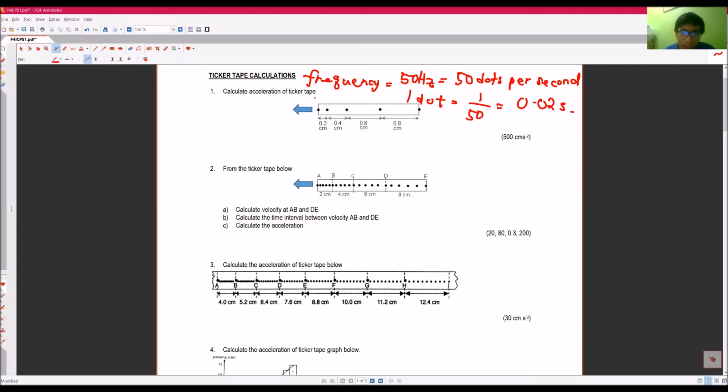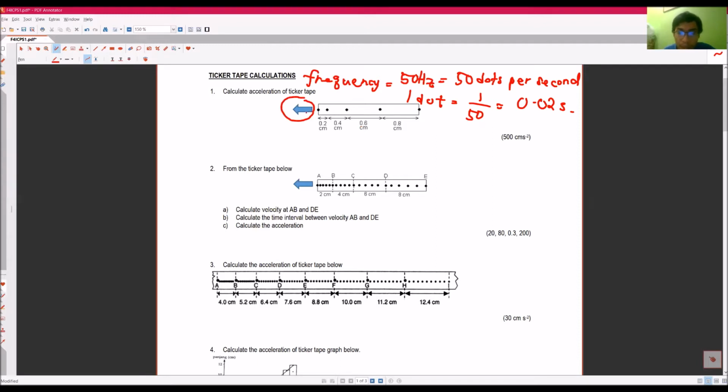Usually the things they ask for in ticker tape are displacement, initial velocity, final velocity, and acceleration. Acceleration is the last thing we need to find. Before that, we have to find the displacement, the time, the initial velocity, and the final velocity. The initial velocity can be determined by looking at the arrow.